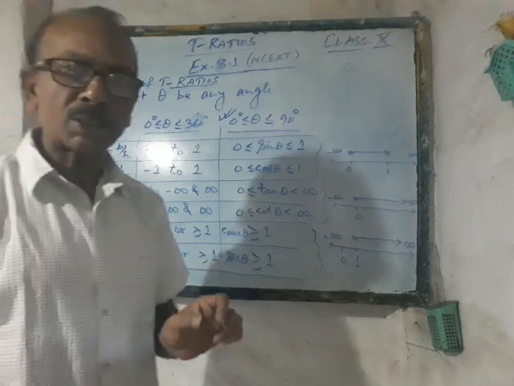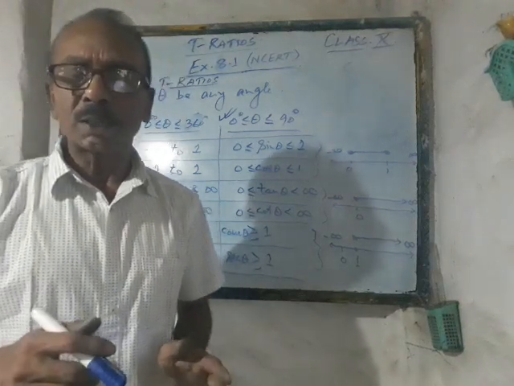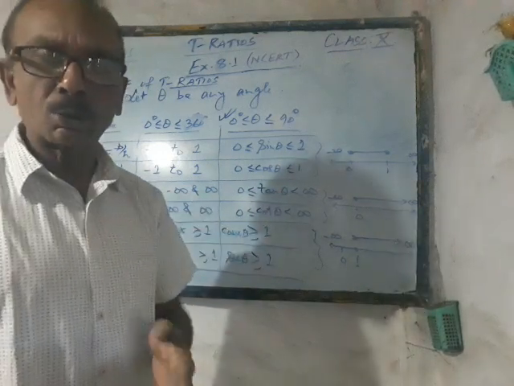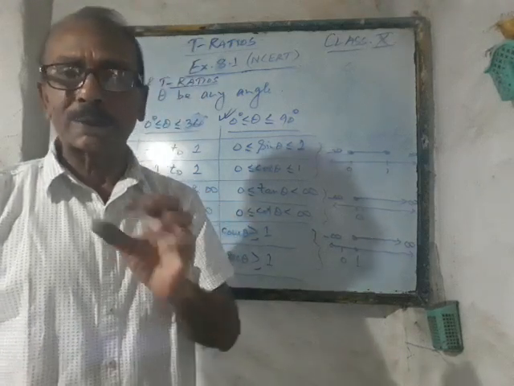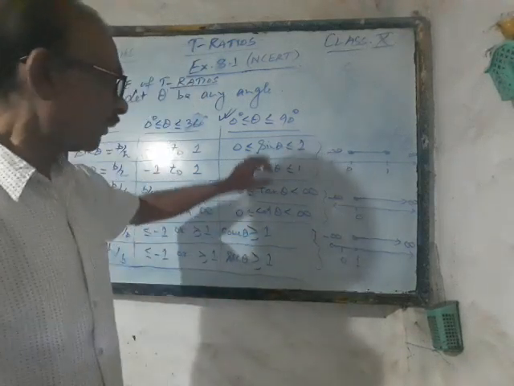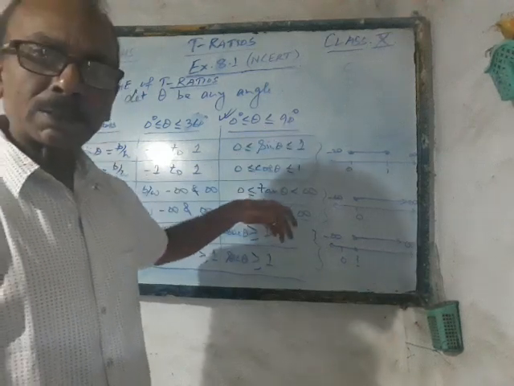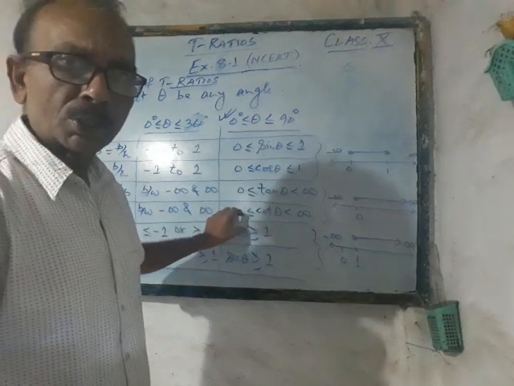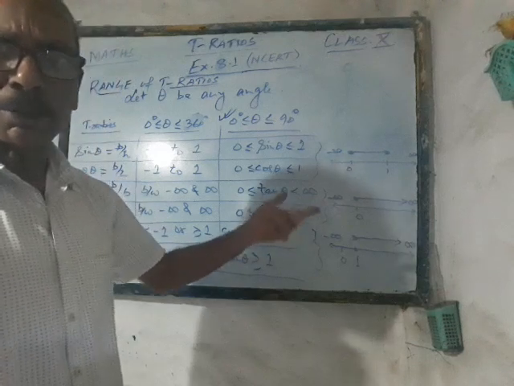Since -infinity and infinity are not real numbers, I have written in between them. So no one can predict what will be the minimum value as well as the maximum value of tan theta and cot theta. But so far as theta lying between 0 degree and 90 degree, we can very well predict that the minimum value of tan and cot will be 0 and the maximum value cannot be defined. So the maximum value may be anything.